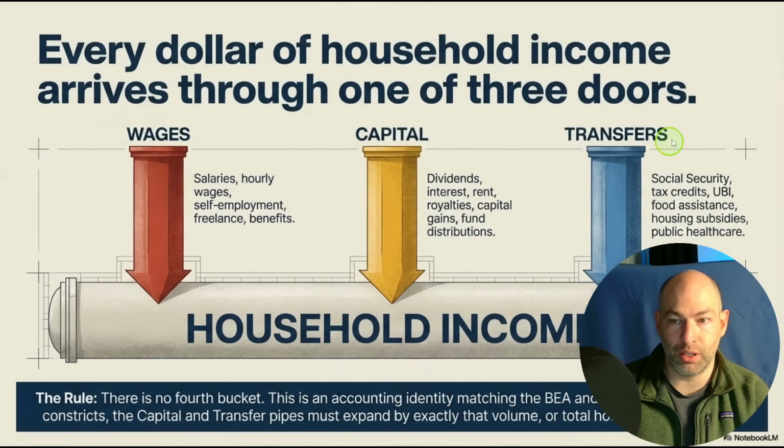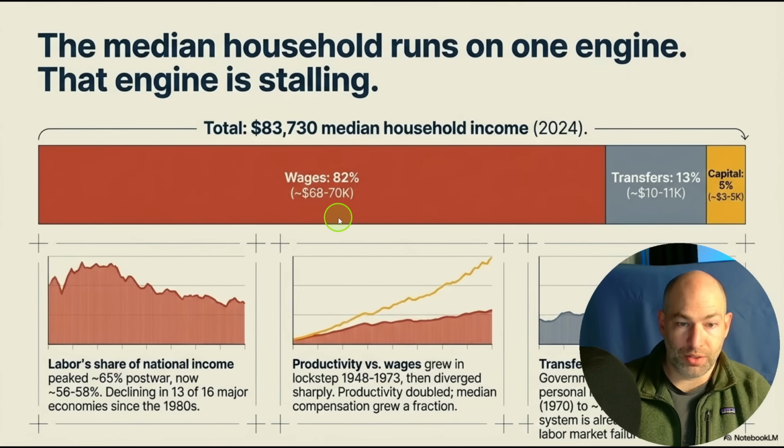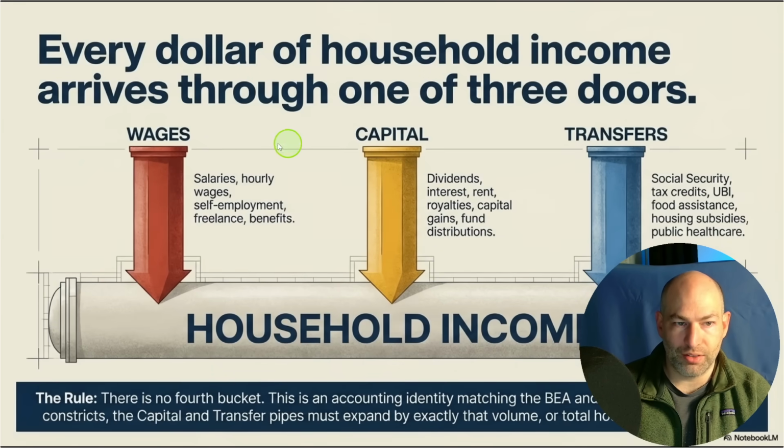And not every country tracks it that well, but every dollar that you spend that drives the economy comes from these three buckets, and wages are by far the largest bucket right now. And so one thing to keep in mind is that as wages go away, capital and transfers must pick up the slack.